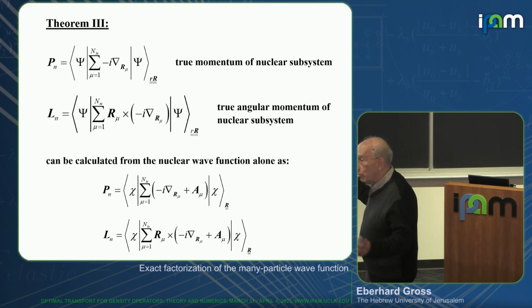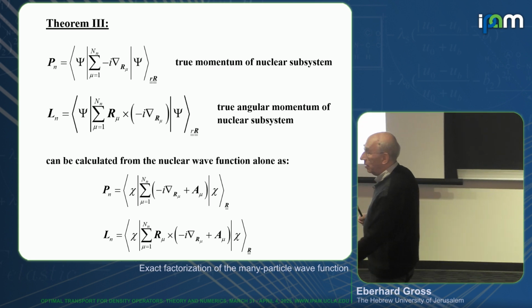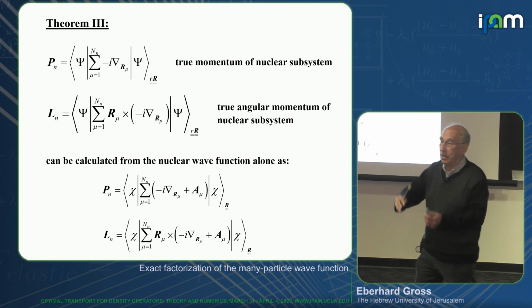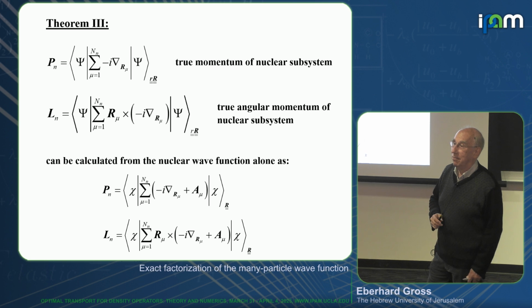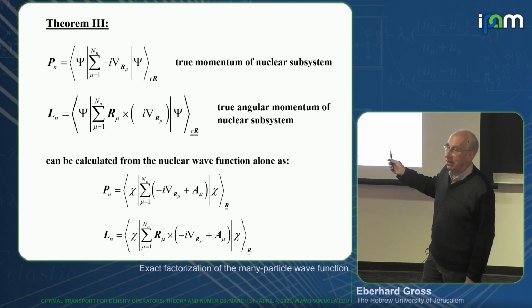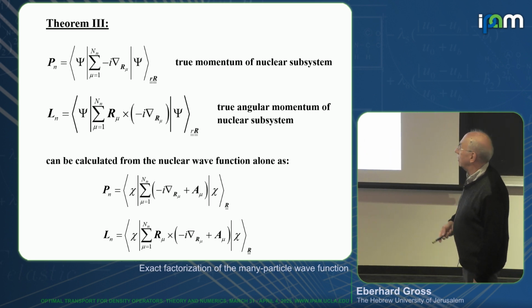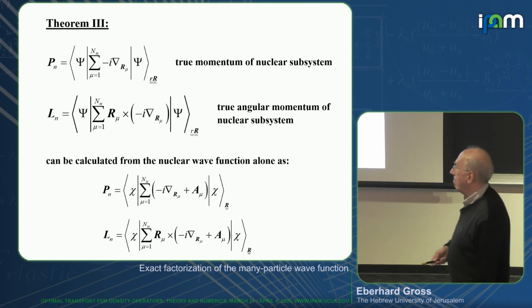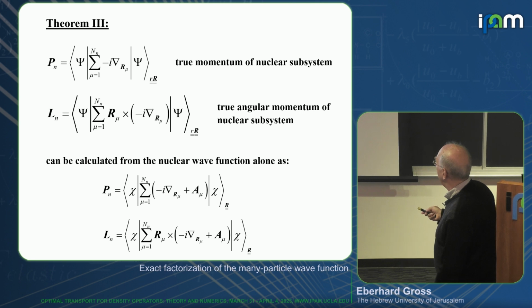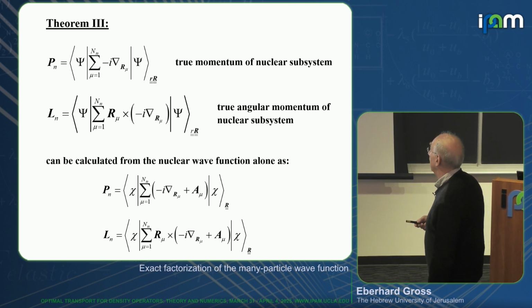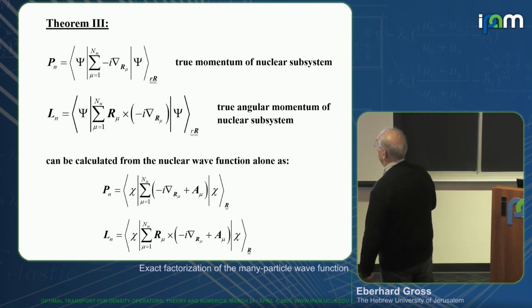Usually when we have a two-component system, we have to calculate expectation values from a reduced density matrix. Not here. This is a pure state. But there is a reminiscence of this tracing out, namely that the vector potential here appears.